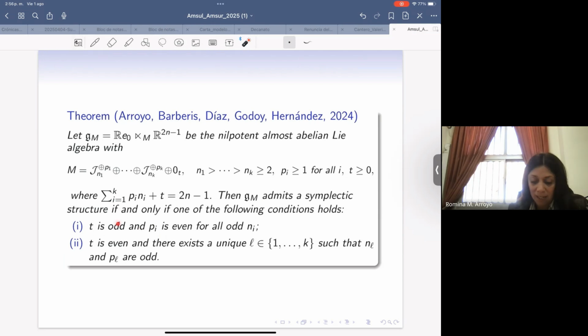This is basically the case in which we have a B lying in sp on the image of capital B, and this is the other case. I do not have time to explain, but basically this is a classification theorem in the nilpotent case.